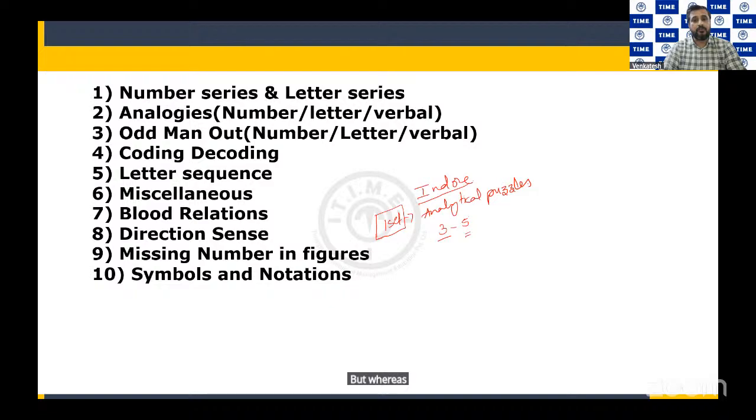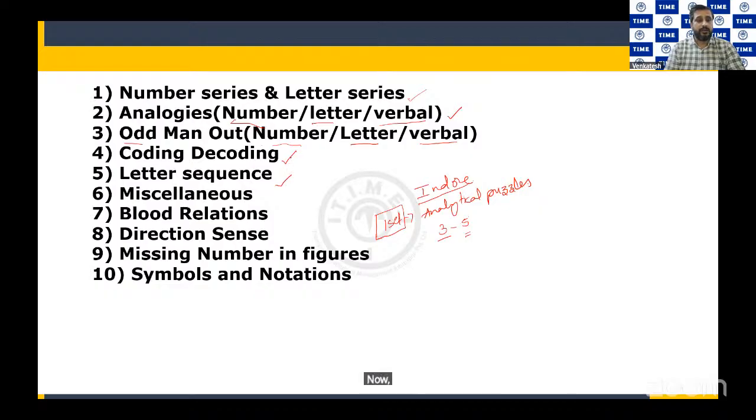But when you come to the Rohtak exam, definitely you will be given all these topics: number series, letter series, analogies. Even in the analogies: number analogies, letter analogies, verbal analogies, odd man out questions. Even in the odd man out subcategories: number odd man out, letter odd man out, verbal odd man out questions. And another important topic, coding and decoding, letter sequence.